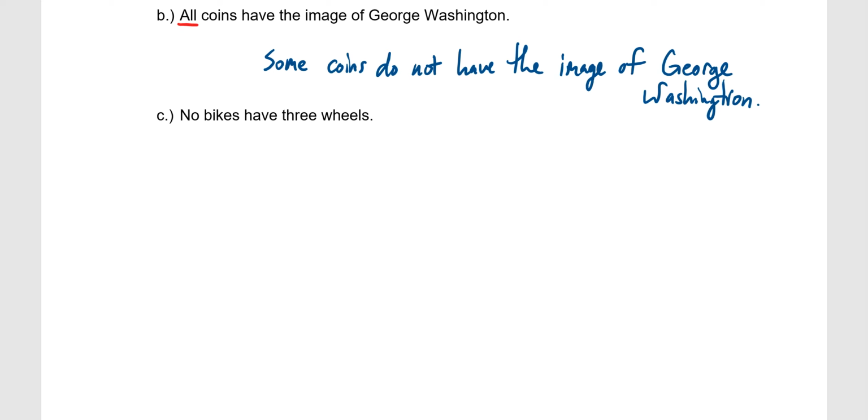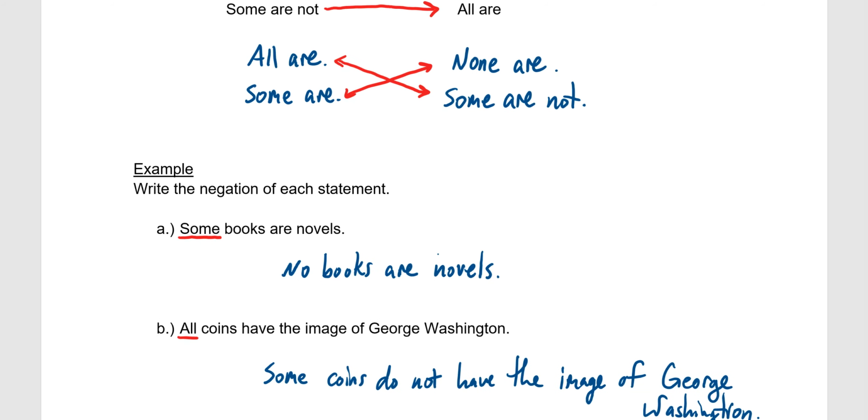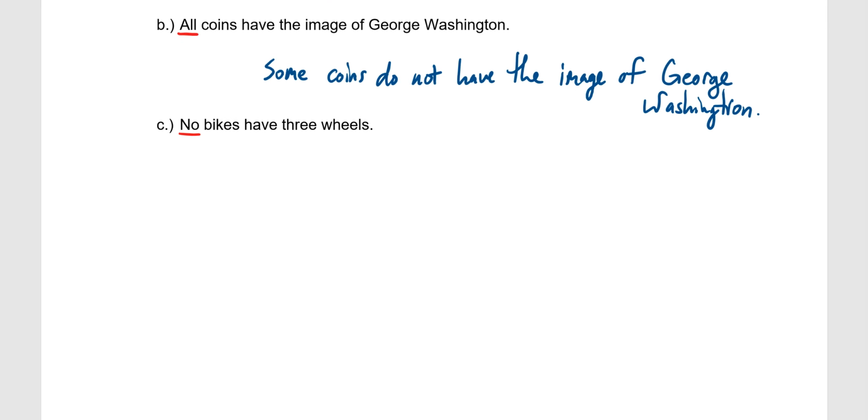So we have the quantifier no, which is equivalent to none. If you look up here, the negation of none would be some are. So we can write this as some bikes have 3 wheels. Negating it comes down to remembering the negation of the quantifier.